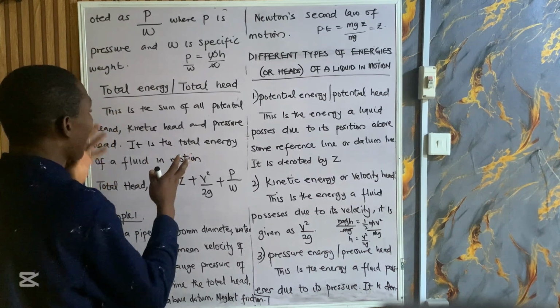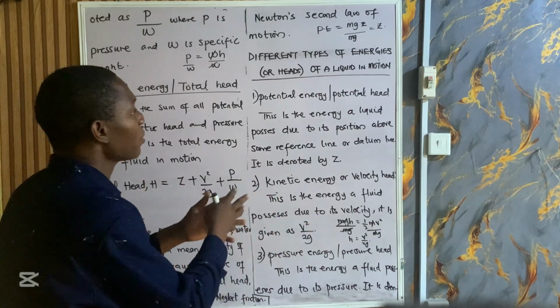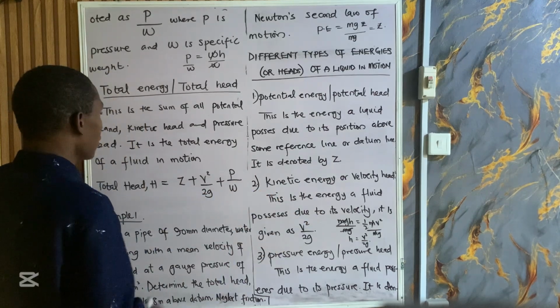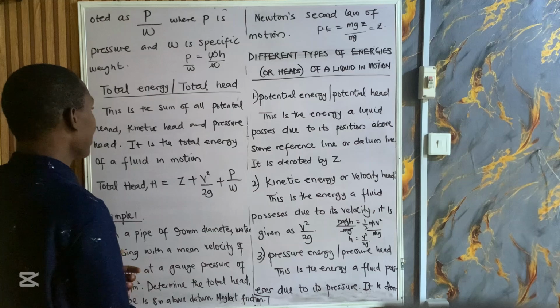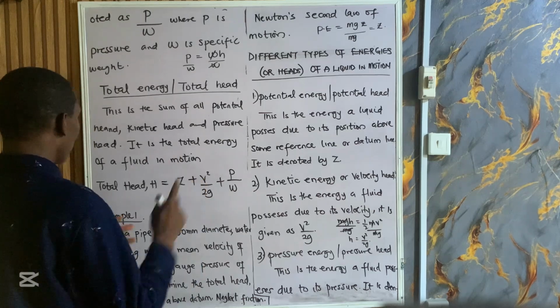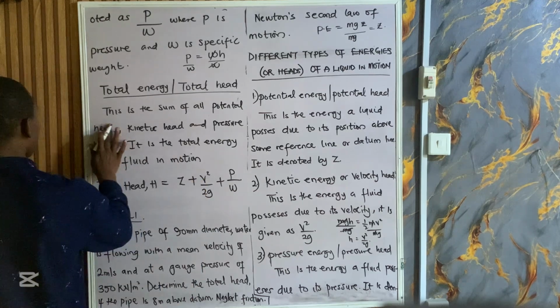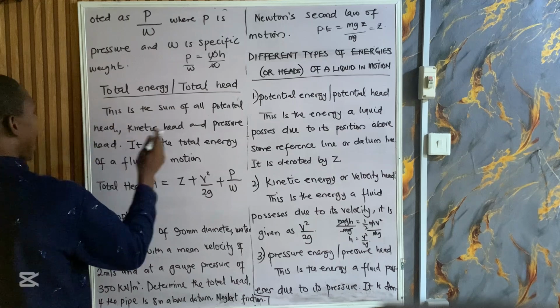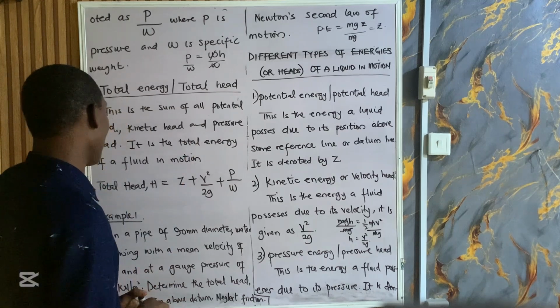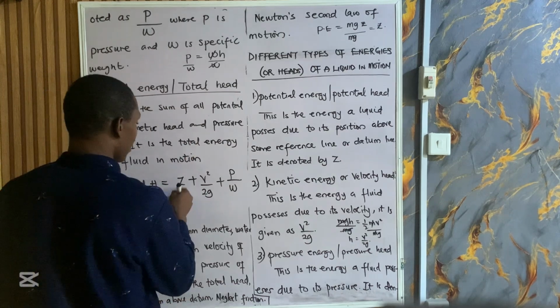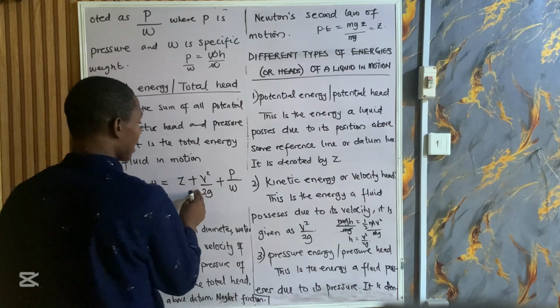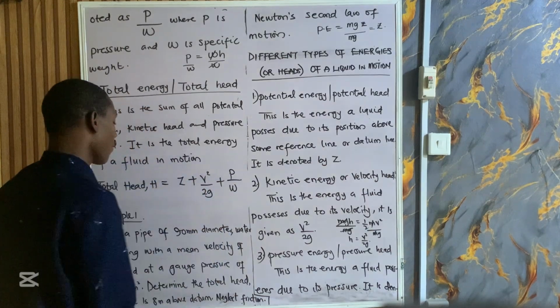Now, what is total head? Total head is the sum of all these energy heads. Sum of the kinetic head, or you say velocity head, potential head, and pressure head. So total head is given as Z, potential head, plus kinetic head plus pressure head.